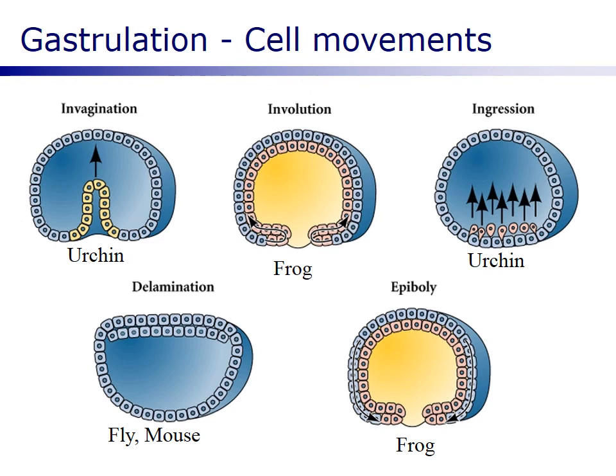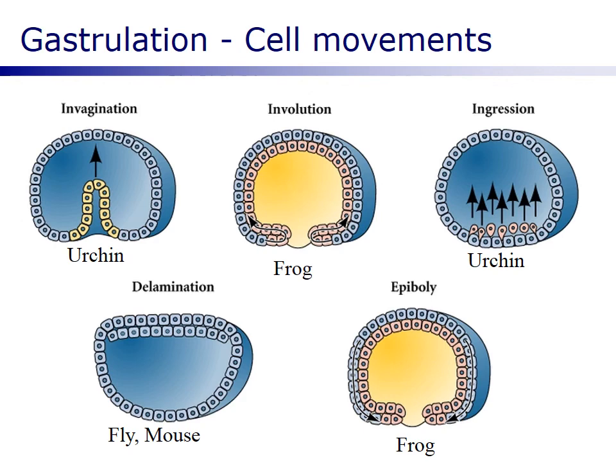In delamination, splitting of one cell sheath into two or more parallel sheaths occurs. Hypoblast formation in birds and mammals occurs through delamination. In the case of epiboly, spread of an outside cell layer to envelop a yolk mass or deeper layer occurs.